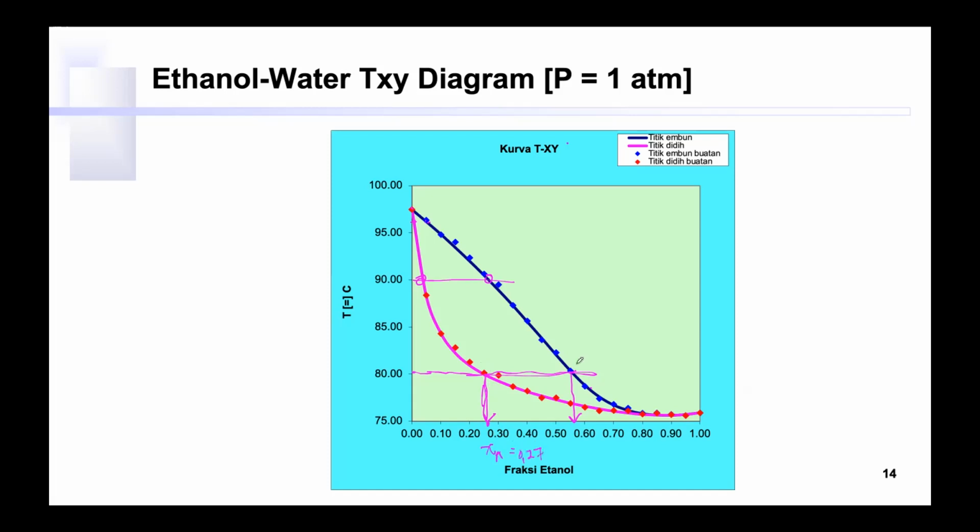Okay, and can you read the YA using this screen? 0.57 perhaps. 57, yeah, you can say that.